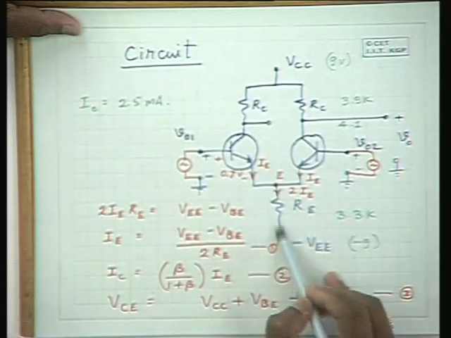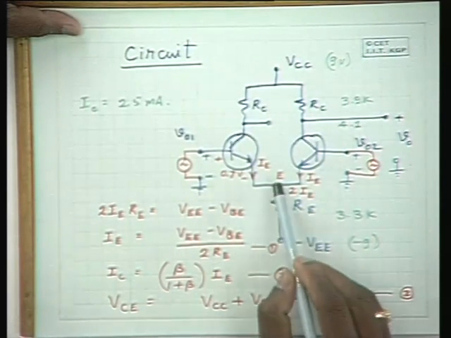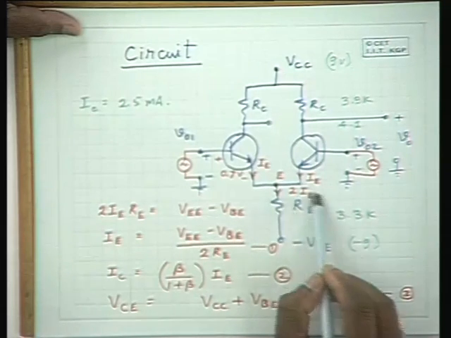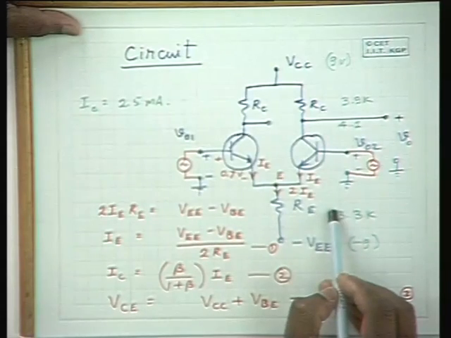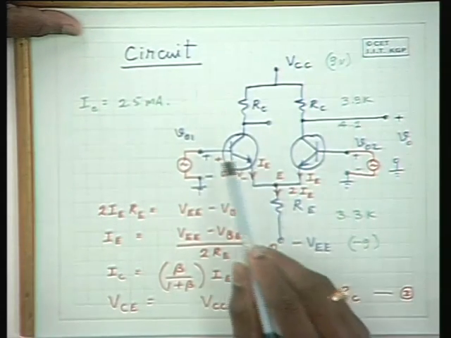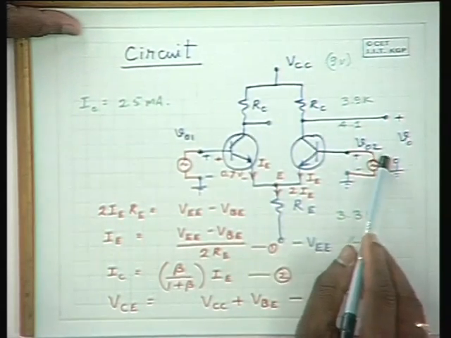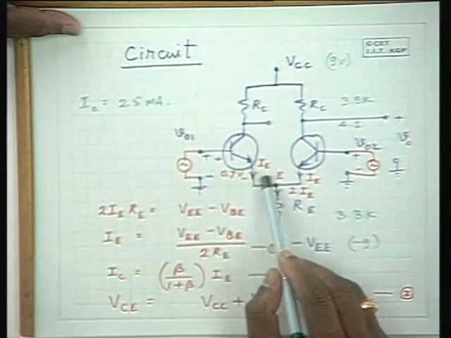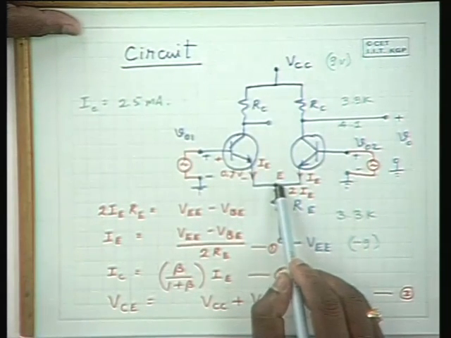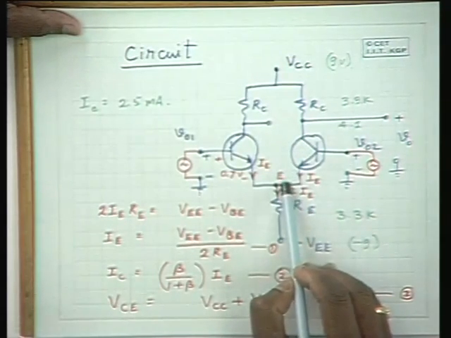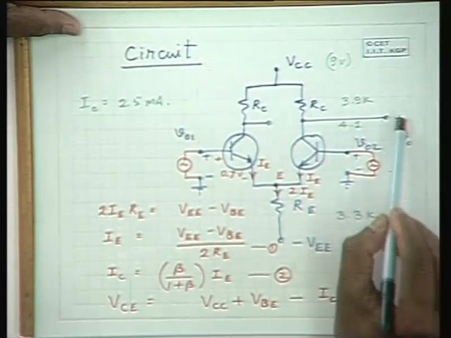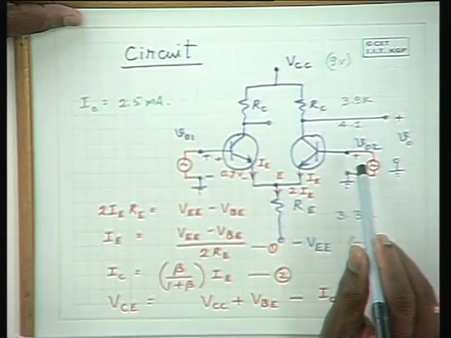because this potential changes, and that change depends on this RE. If RE is very large, the change in the emitter current due to common mode signals is negligibly small, and when the change in emitter current is negligibly small, the change in the output potential is also small.